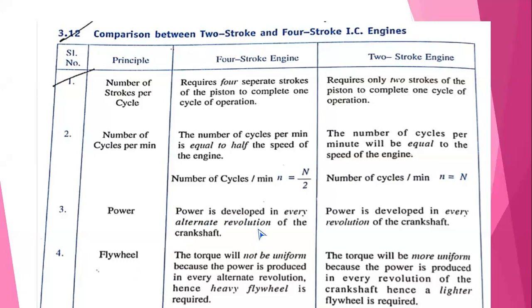In a two-stroke engine, the torque developed is less, because the function of the flywheel does not come into the picture; it is completely based on the rotation of the crankshaft. Because a lighter flywheel is used in the two-stroke engine, the torque developed is less.